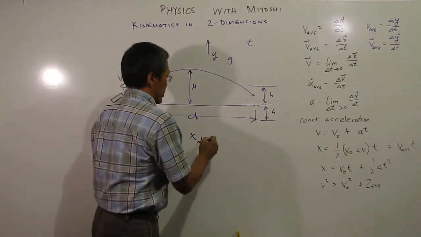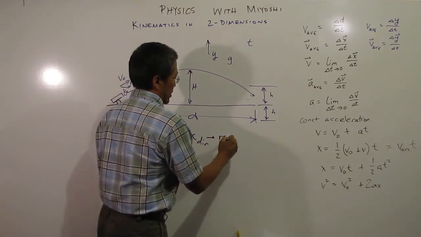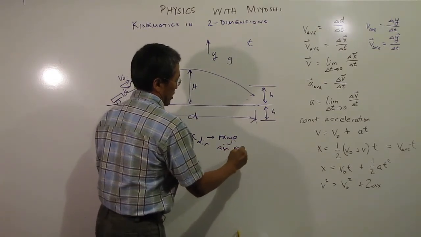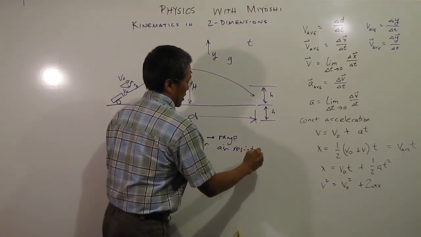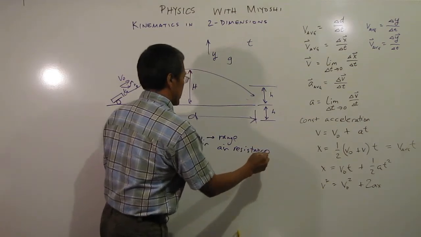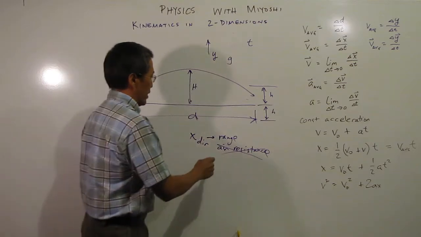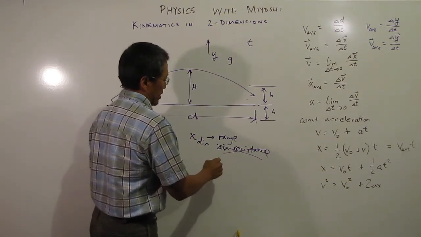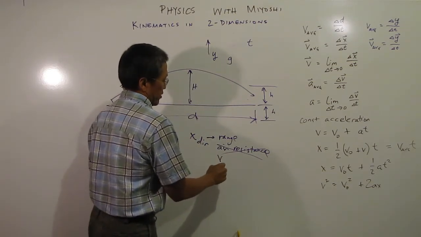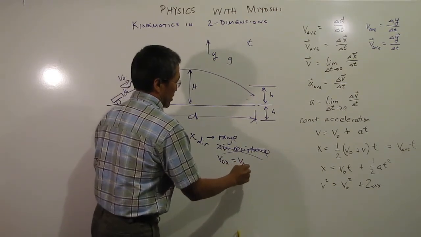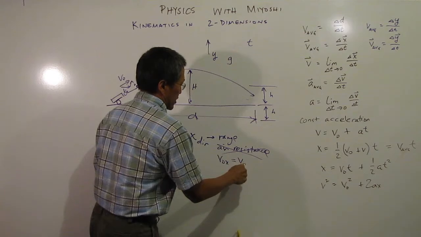So usually you would use this guy to find the range, knowing that there's no air resistance. So we'll get rid of the air resistance, and then we can find the range because we know that the velocity in the x direction is the same as the final velocity in the x direction.